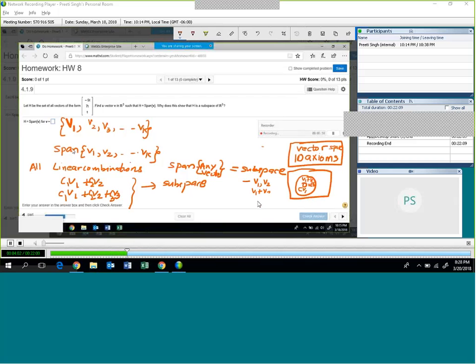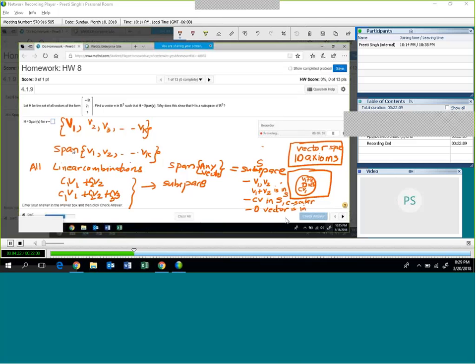Okay, so the three criteria I'm writing here: given any set of vectors, the addition is back in the space, the scalar multiples are back in the space, and the zero vector is also in the space.